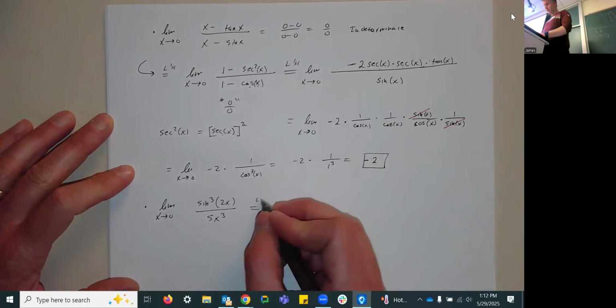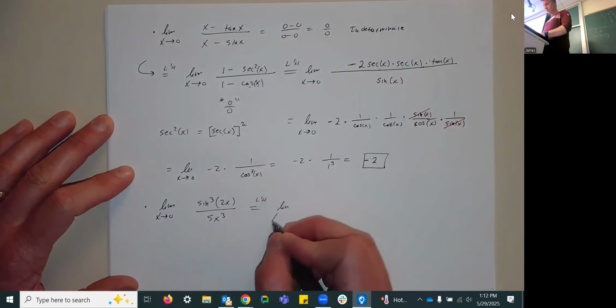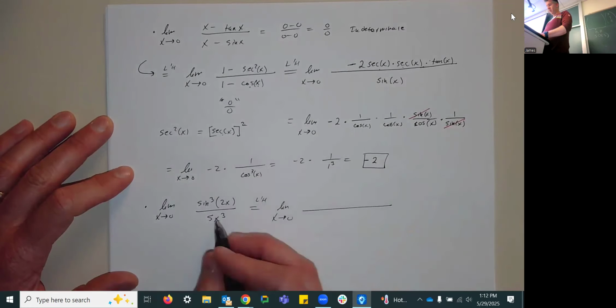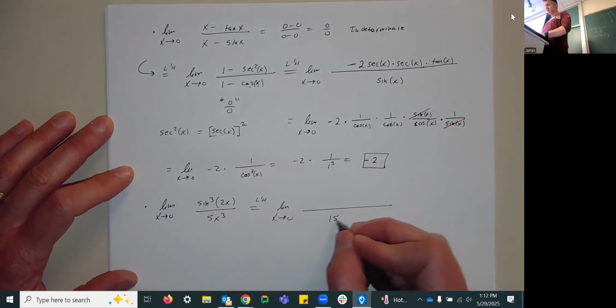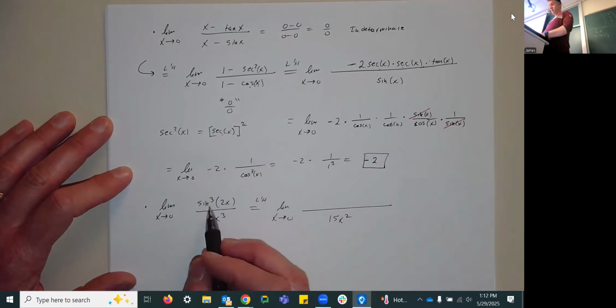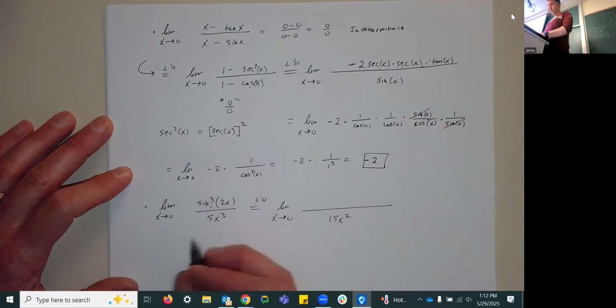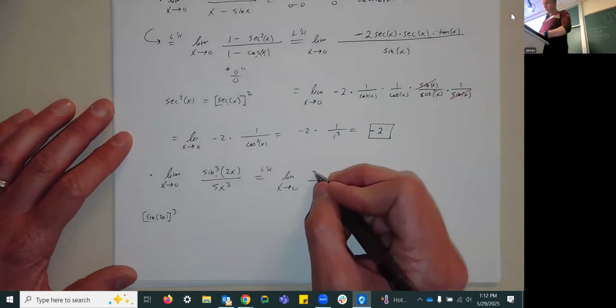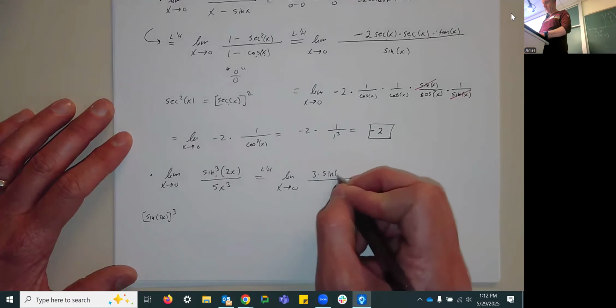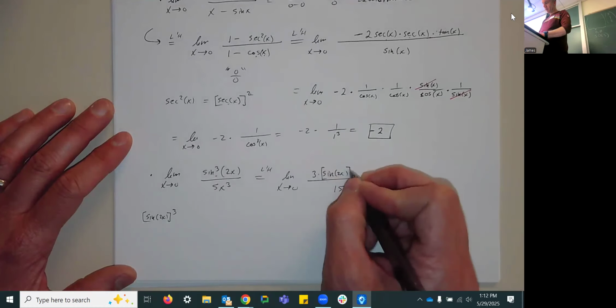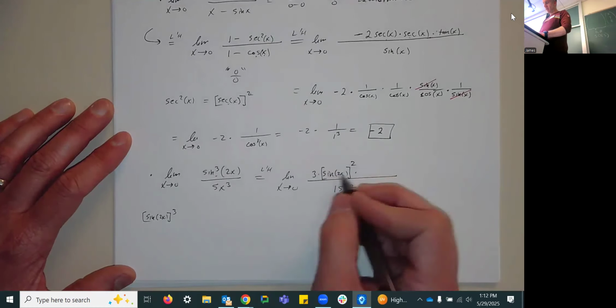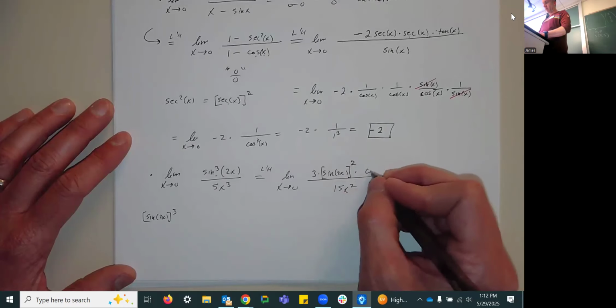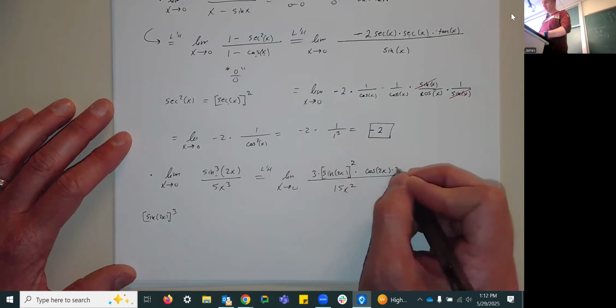If I use it in the first step, the derivative of 5x cubed is 15x squared. The derivative of the sine of 2x quantity cubed is going to be 3 times my stuff squared, times the derivative of the inside stuff, cosine of 2x times 2.